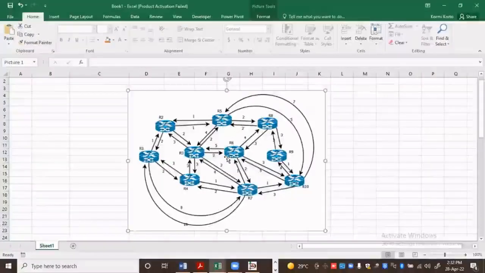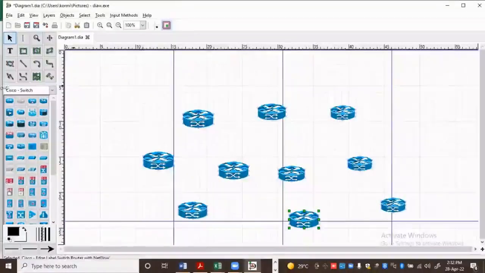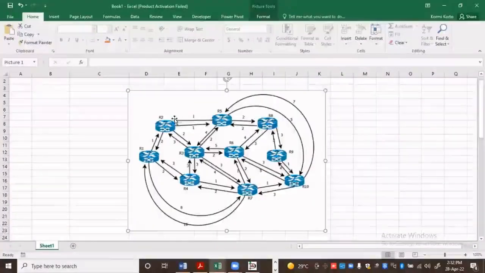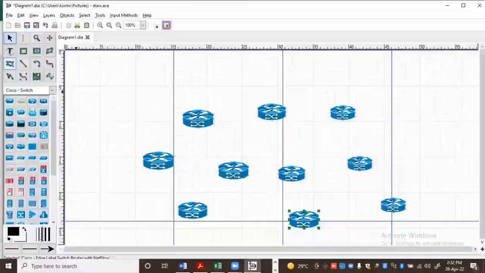Now to connect them, you just pick an arrow. This is cables. So there's a line that goes from router 1 to router 2. It's all labeled up. So the label, this happens to be R2, uppercase R. So that's router 2, router 1.